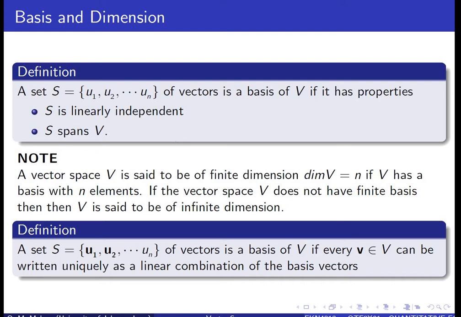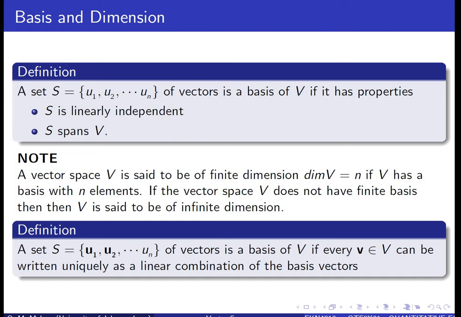A vector space V is said to be of finite dimension, dim V equals n, if V has a basis with n elements. If the vector space V does not have a finite basis, then V is said to be of infinite dimension.